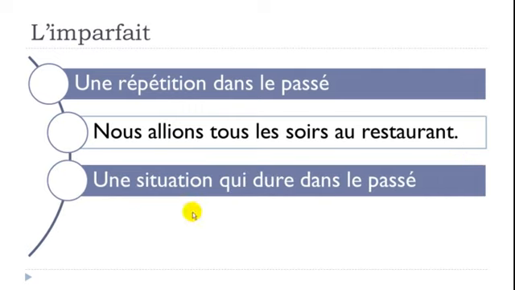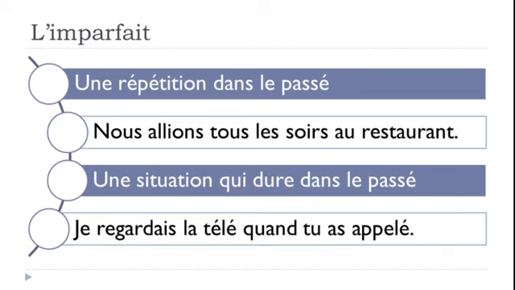And then, if you want to say something that lasts, durer is to last, in the past, dans le passé, then in that case, this sentence is quite interesting because I wanted to make the difference between the use of the imperfect here, and then here you've got the passé composé form, all right. So je regardais la télé, so la télévision.